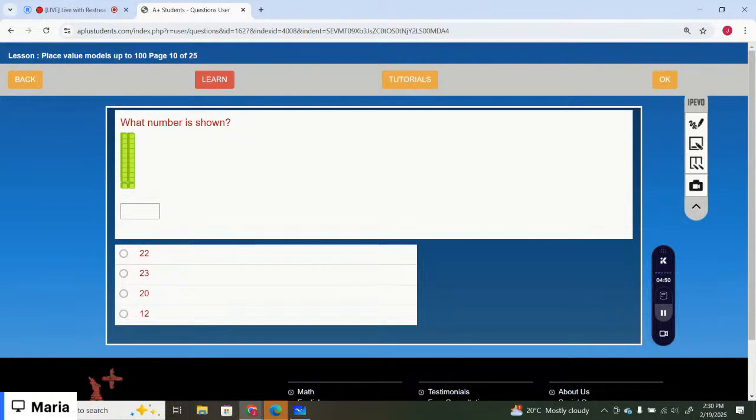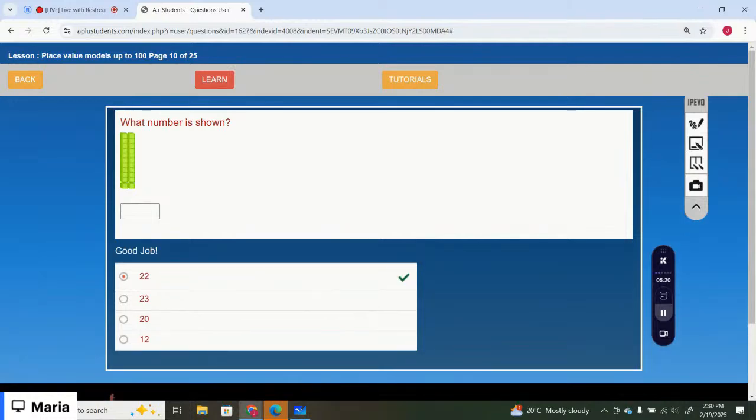What number is shown? That is 2 tens and 2 ones. That makes 22. Option number 1 is the correct option.